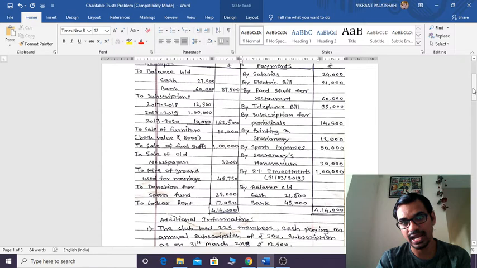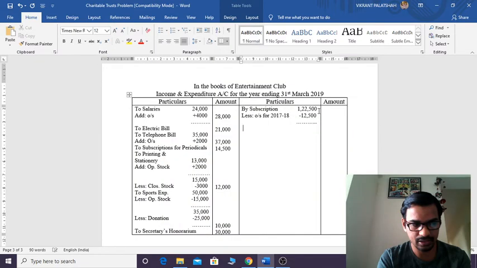How much is that? 12,500. Sorry, it is not deducted, it is added, because it is at the beginning of the year. So add 12,500. Therefore, the amount comes here: 1,35,000.